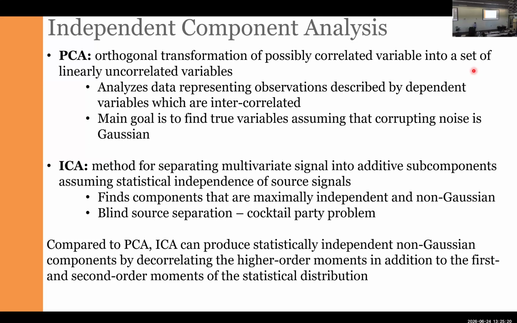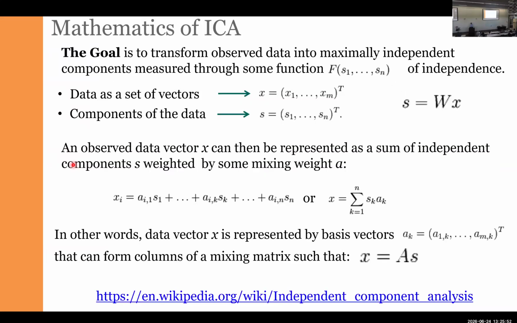By now, the collection of the linear analysis methods is like a very, very large zoo. A very interesting analysis method is what's called independent component analysis. What PCA tries to do is use an orthogonal transformation to transform the correlated variables into a set of linearly uncorrelated ones. Independent component analysis basically tries to separate the signals into additive subcomponents, assuming they're statistically independent.